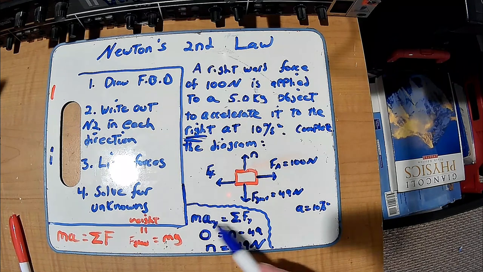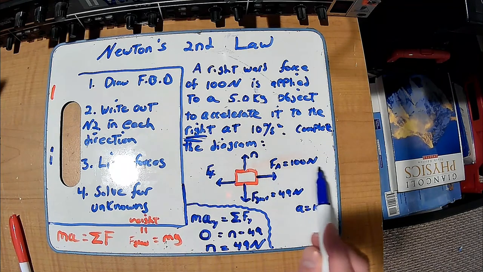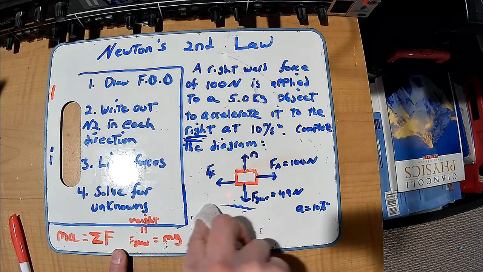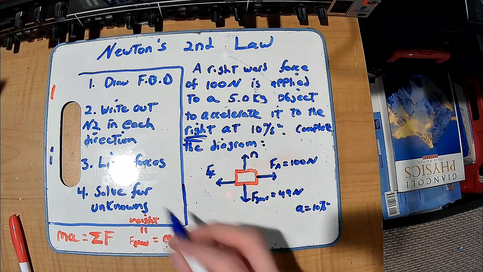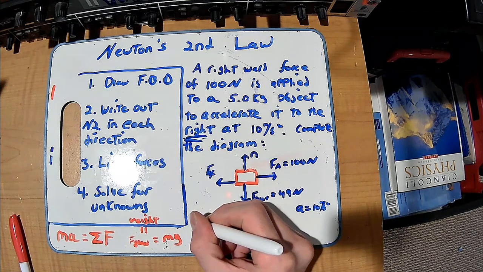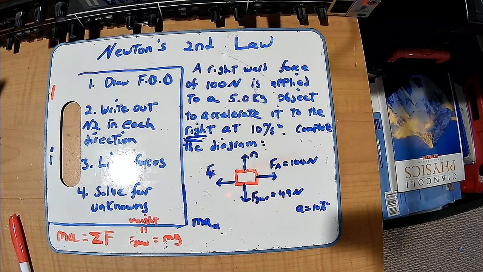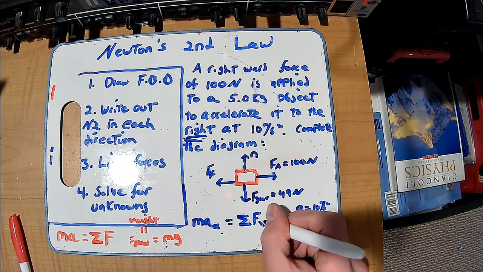I'm going to use the same exact type of system to do the horizontal forces now, the X forces. So let me erase what we have here at the bottom, and we'll do the same exact thing for X. Write out Newton's second law. So ma, but I'm going to put an X this time. And I'm going to put net force in the X direction.